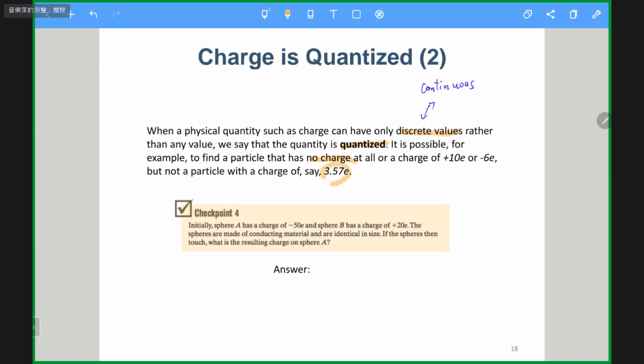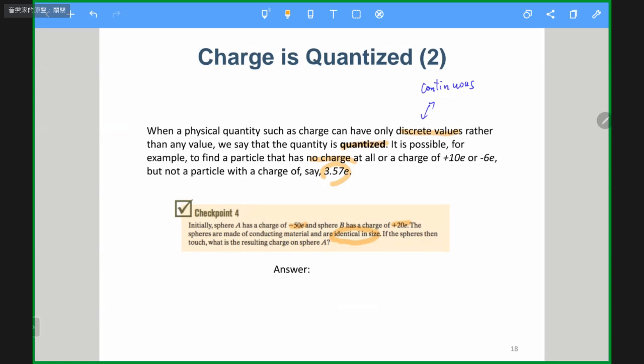So for checkpoint 4, it says initially sphere A has a charge of minus 50e and sphere B has a charge of plus 20e. The spheres are made of conducting material and are identical in size. If the spheres then touch, what is the resulting charge on sphere A?